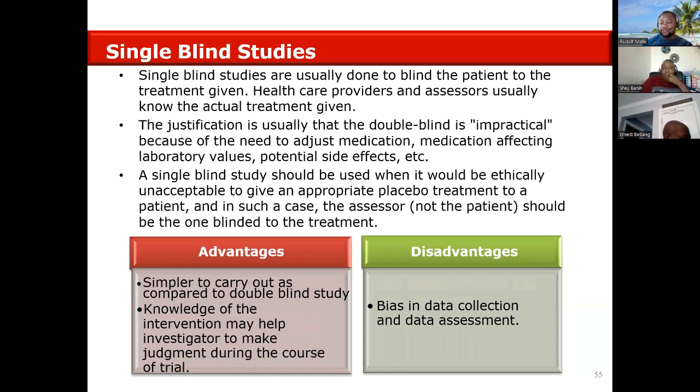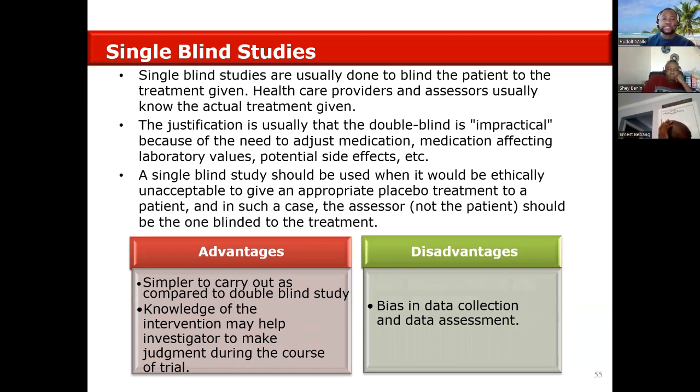But of course, the disadvantage of this is that it also has the potential of causing bias, because if the investigator is aware that the patient is receiving a particular drug, that's just the whole point, we don't want them to be aware. For a single blinded study, it means there are different metrics they're looking at, where bias is always of paramount importance.